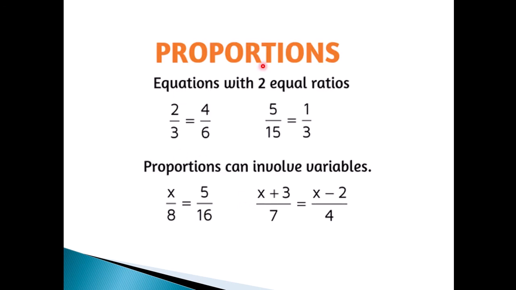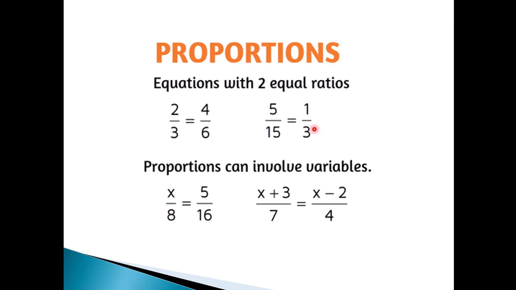Moving on to proportions. Proportions, by definition, are equations with two equal ratios. Again, proportions, equations with two equal ratios. For example, 2/3 is equal to 4/6. 5 over 15 is equal to 1/3.